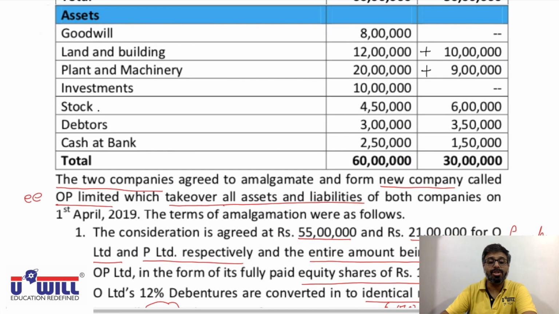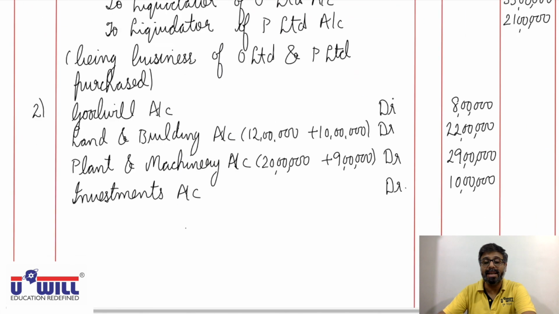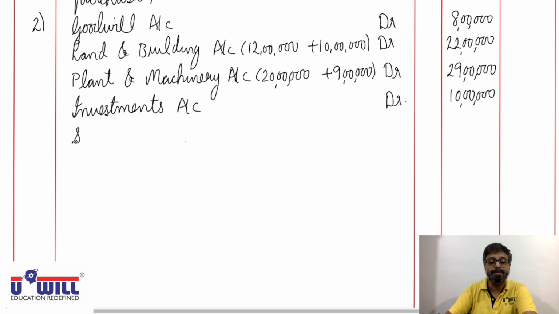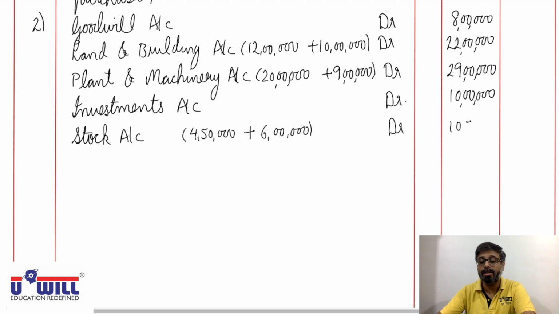Then stock account debit 4 lakh 50,000 plus 6 lakhs, 10 lakh 50,000.